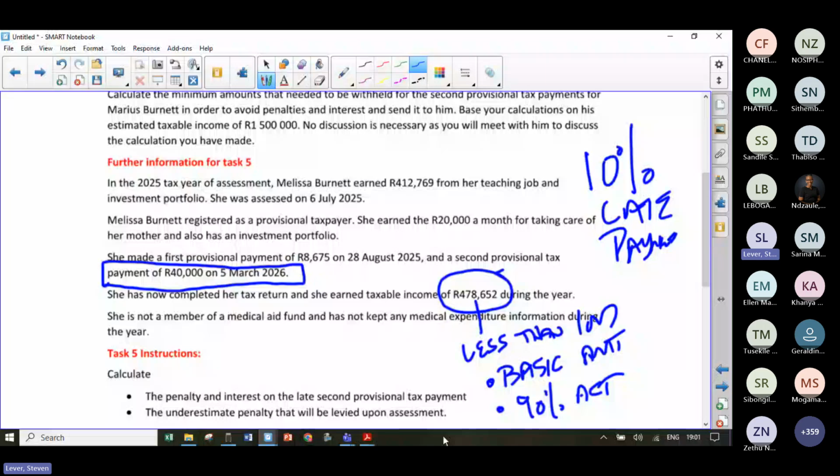Okay. How much is my basic amount? My basic amount is 412,769 because she was assessed on 6 July 2025. What is my actual? My actual is 478,652, this one.